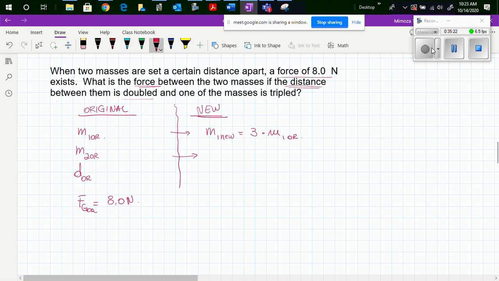Since one of the masses is tripled, mass 2 will be the same as whatever was in the original situation. But the distance between the two masses is doubled. So distance new will be 2 times the original distance. And now we are asking, what is the new force of gravity that the object is experiencing? I want you to try it on your own, and then I will go over it.